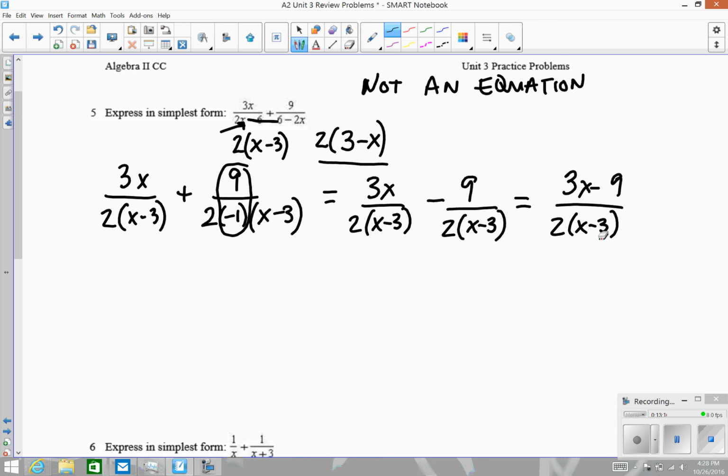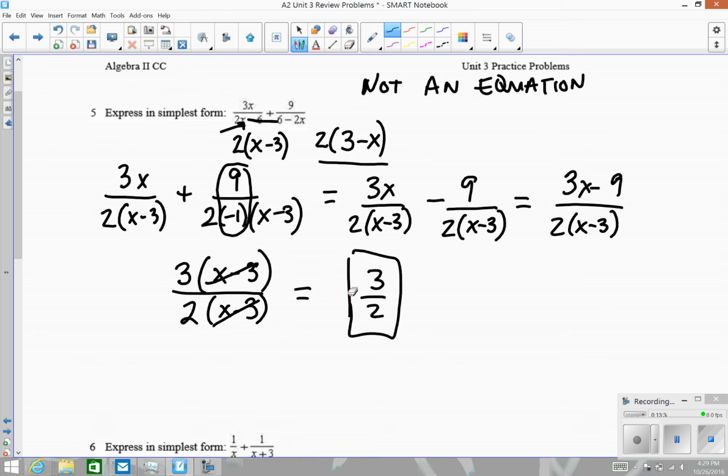Now I need to see if I can simplify that, and I want to do that by factoring my numerator. Looks like there's a GCF of 3 in the numerator. If I factor that out, I get 3 times x minus 3. My denominator is the 2 times x minus 3, and I have binomials canceling out, leaving me with 3 over 2.